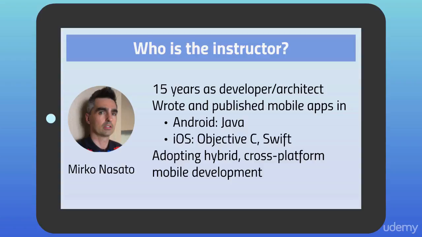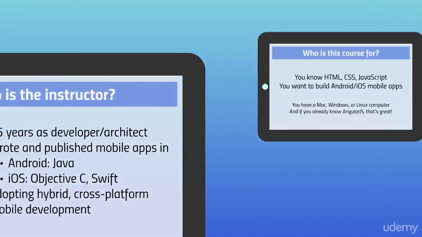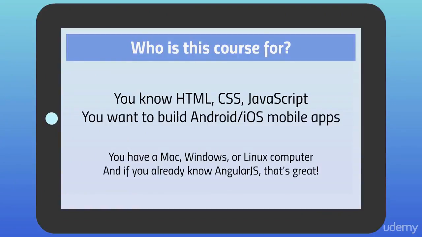I really think it is the best solution currently available if you want to develop mobile apps in the same way as you develop web apps, that is, using HTML5. So this course is for you if you know HTML, CSS and JavaScript and you want to develop mobile apps using those same languages and a similar approach to web development.